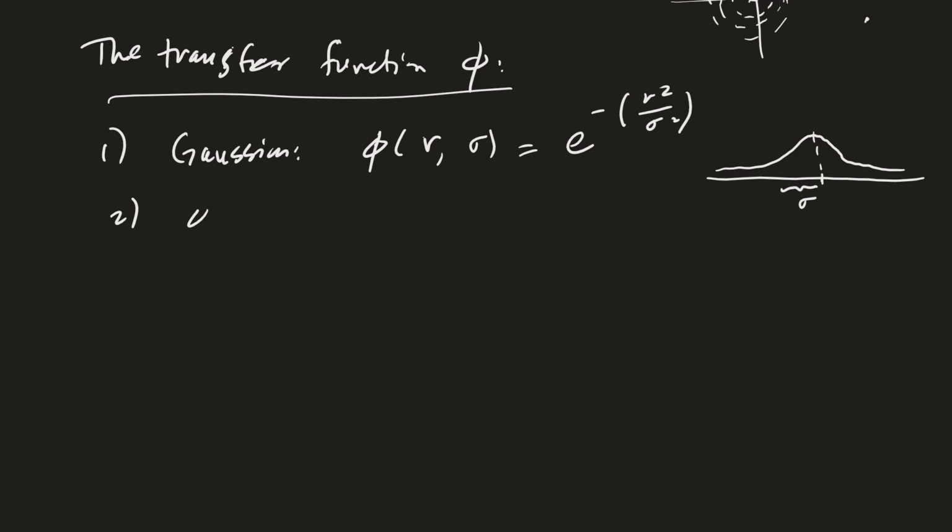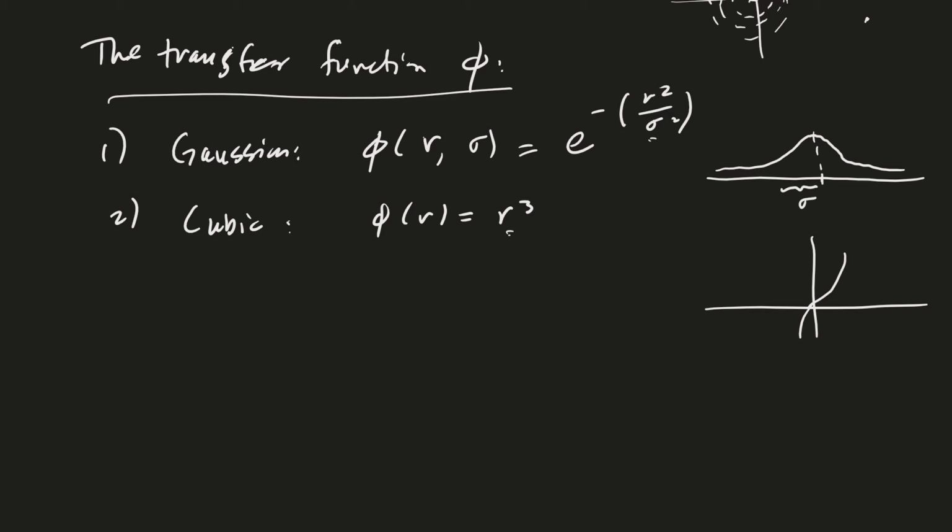Phi of r is a cubic function. I've had pretty good luck with a cubic function in the past. The nice thing about the cubic function is that it does not have an extra parameter in it, for one thing.